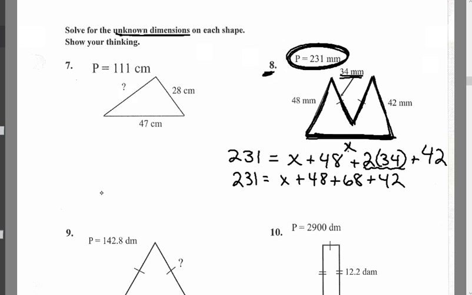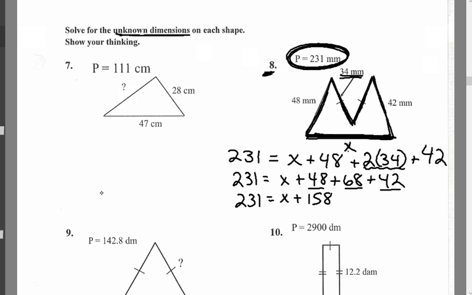Next step in solving, combine your like terms that are on the same side. Well, I have those constants. So I have a 48 plus a 68 plus a 42, and I got 158 there. So we have 231 equals x plus 158. And now I want to solve for x.